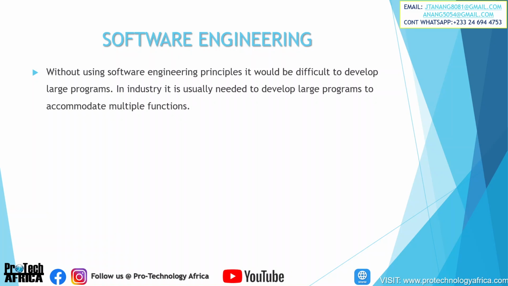Some of the things that we do are quite basic, and we need to document them. We need to keep track of what we are doing, so that in the future, when we need to call some of these events that we have written, we can know the specific functions they are supposed to do in our complex program. So without using software engineering principles, it would be difficult to develop large programs.